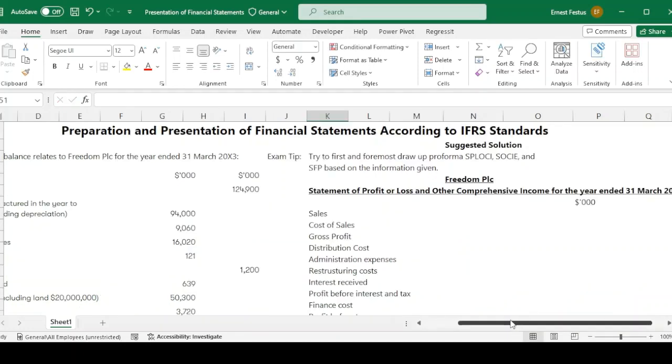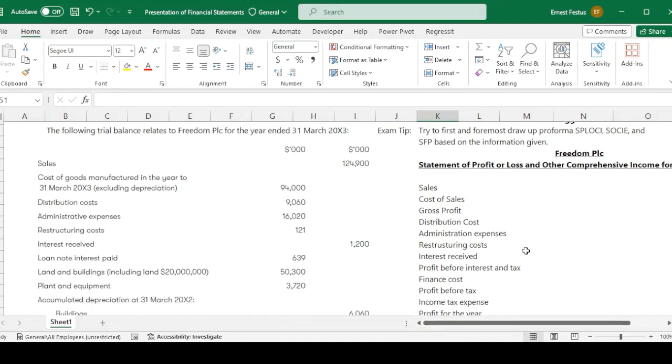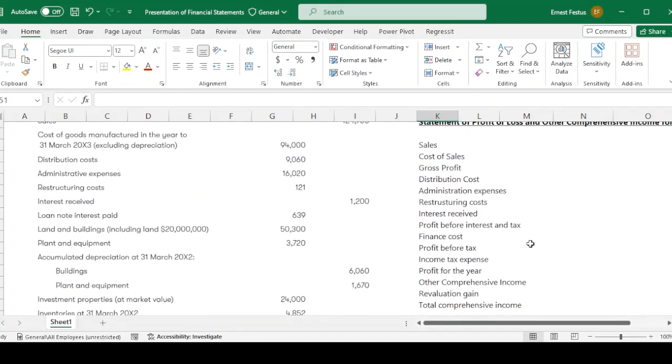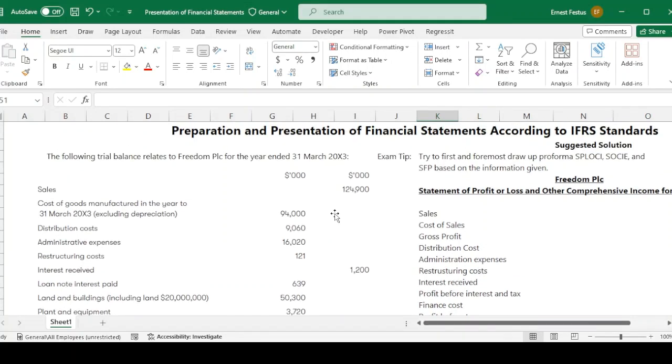All right, so we have our pro forma financial statement set up, and we are ready to insert the figures for each of the items within our financial statements. So we start with sales. Now, one thing you must know about the published financial statements is that each of the items within the financial statements are guided by IFRS standards. And that is why I captioned this video, preparation of financial statements according to IFRS standards.